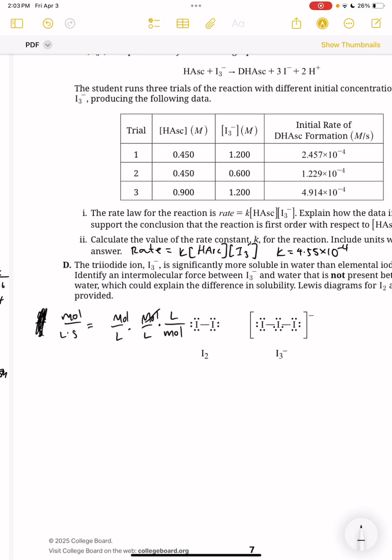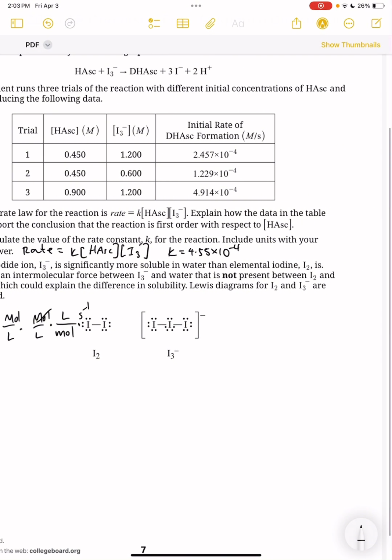I forgot to talk here, but you also need a second in the denominator, which you can do as second to the power of -1. So the final answer you will get here is liters per mole per second, which can also be written as molarity to the -1 times second to the -1. That's the same thing. So yeah.